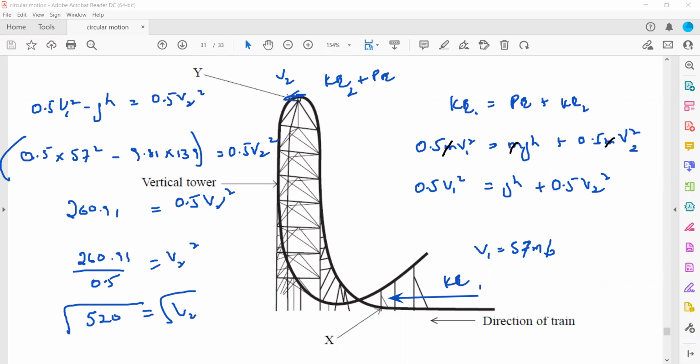What's the answer for the square root of 520? It is 22.8. So the final answer for the speed will be 22.80 meters per second. That is the speed at which it will reach the top.